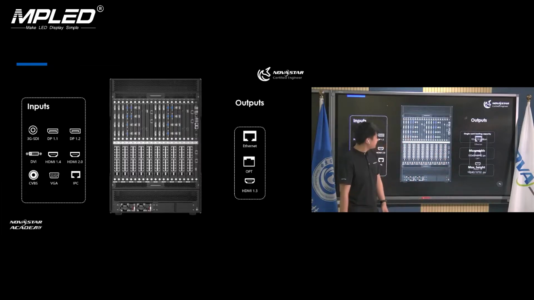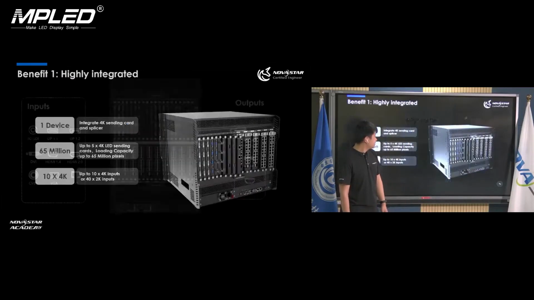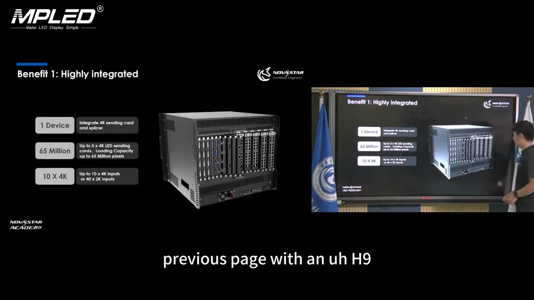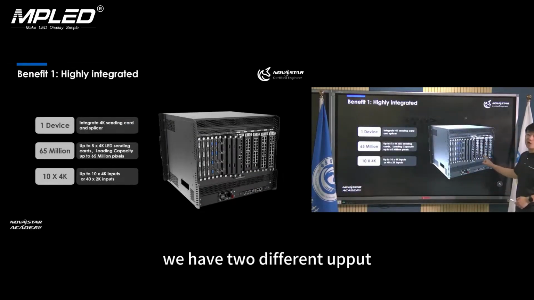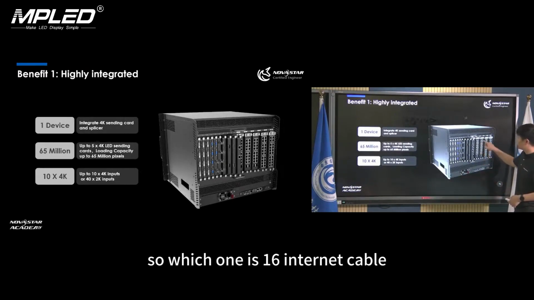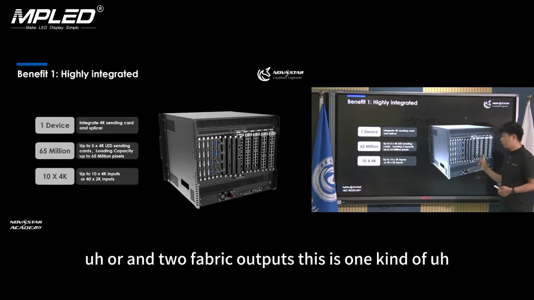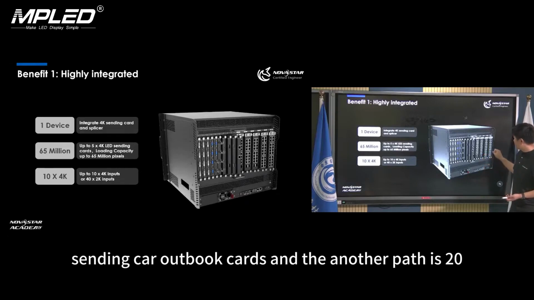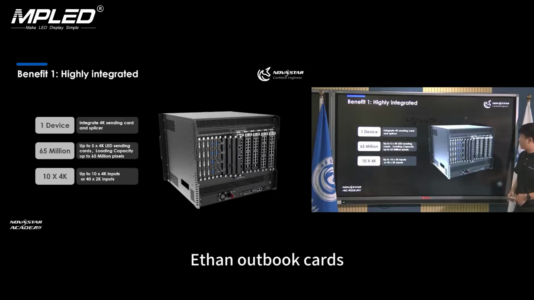And with the demo on the previous page with the H9, we have 2 different output sending cards. One is 16 Ethernet cables and the 2 fiber outputs. This is one kind of sending card output card. And another type is 20 Ethernet output cards.